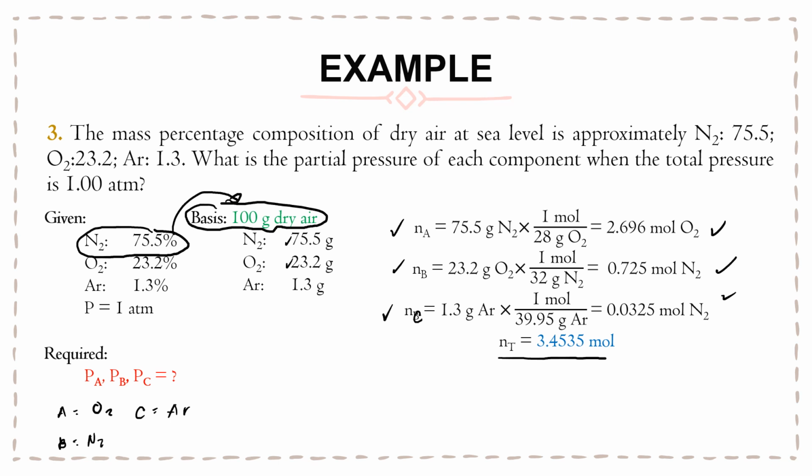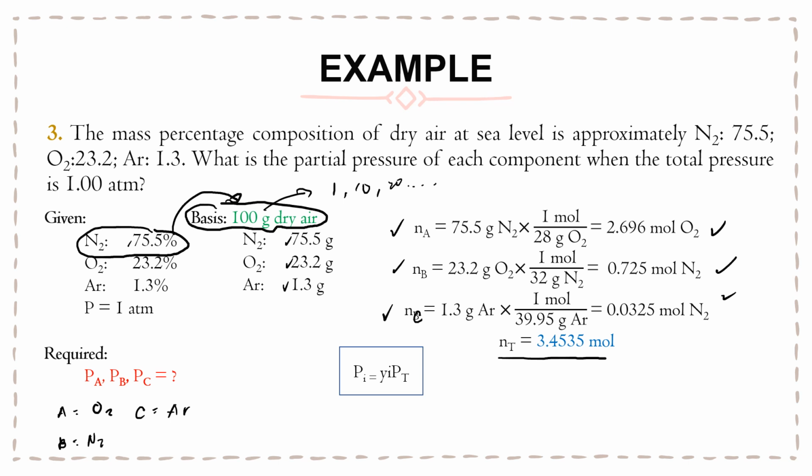Same is true for argon. So, don't get me wrong, yung basis ninyo ay ginawang 100 grams para kung ano yung value nito, numerical value, yun din ang grams nito. But you can use any number dito. You can use 1, 10, 20, or anything. Kasi percentage naman yan. Okay?